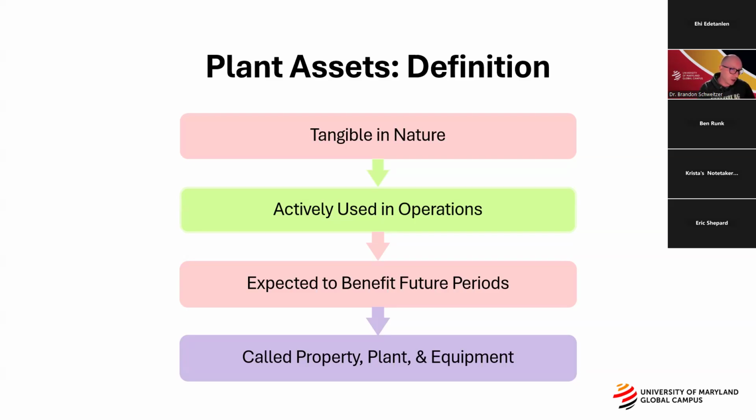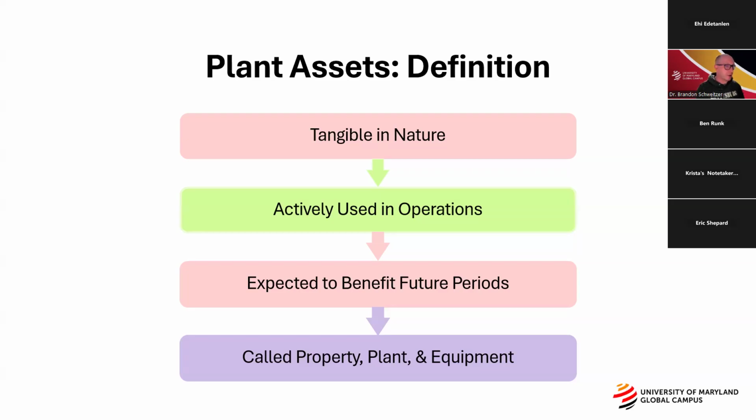They have a useful life of more than 1 year. These assets are also called plant and equipment or property, plant, and equipment, also known as PPE or fixed assets. For most companies, fixed assets make up the single largest class of assets that the company owns.